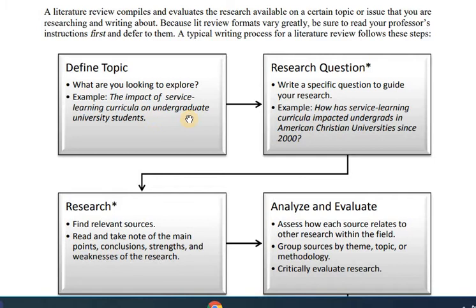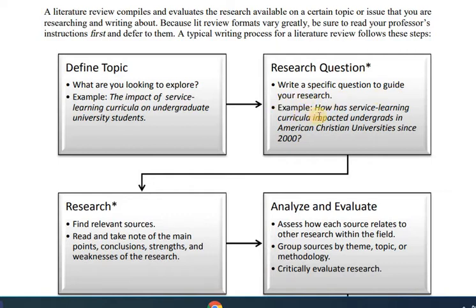And at this point, you already defined the topic, but you still did not specify the research question. What is it you're really looking to search for or explore? So you have to write a specific question to guide your research.